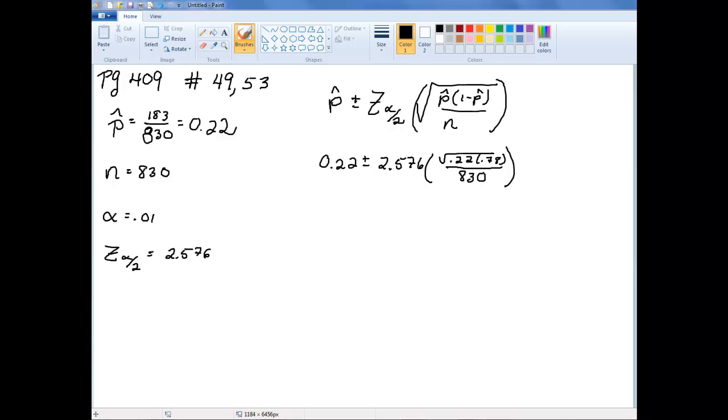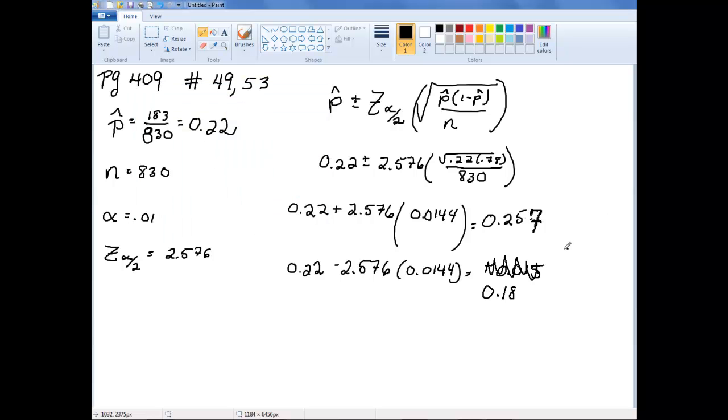I'm going to pause this and calculate that out. So I've done the arithmetic, and our confidence interval for the married millennials is, with 99% confidence, the population proportion p is between 0.18 and 0.257. Okay?